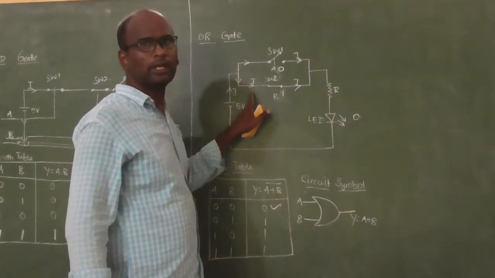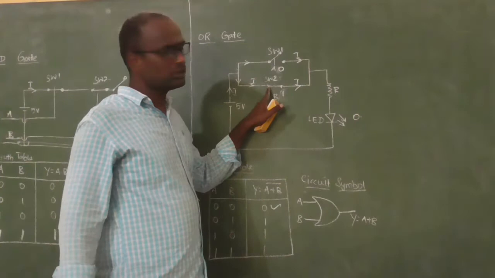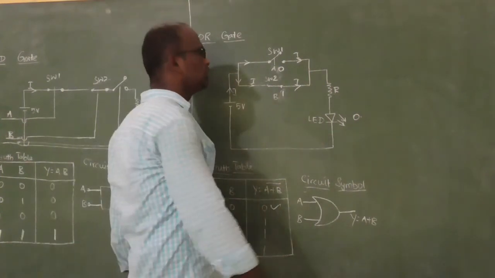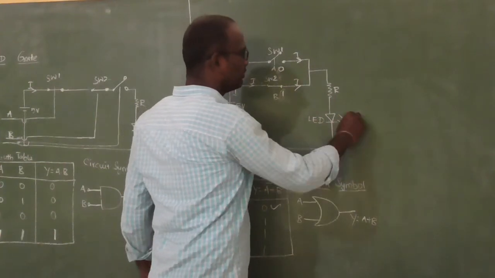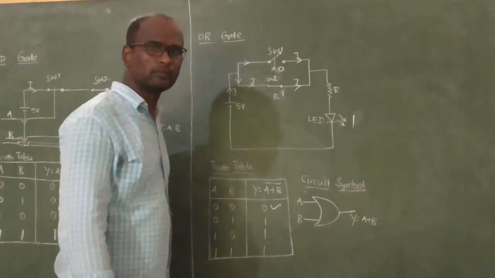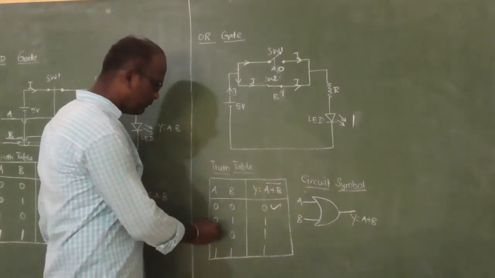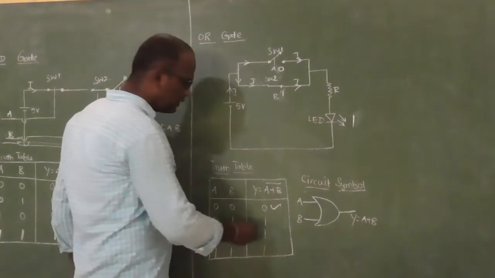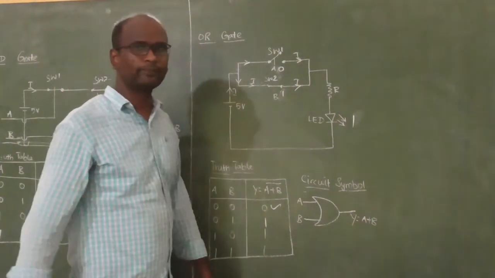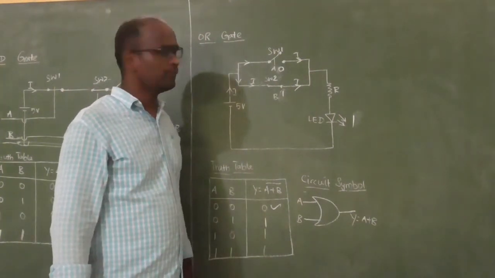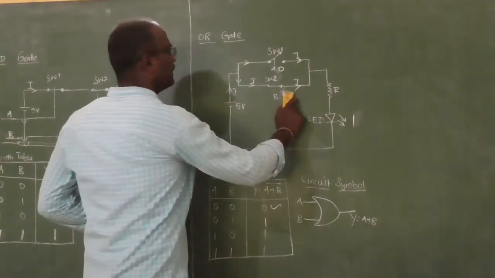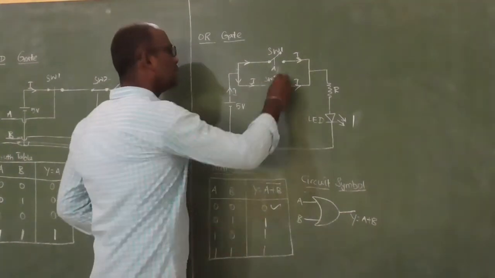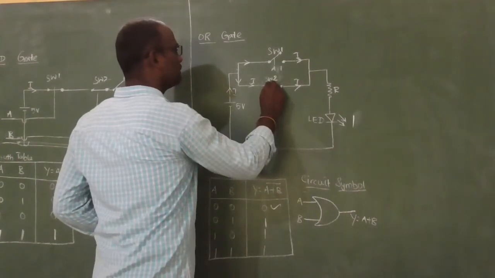Therefore, the main current enters into the switch 2 path to reach the output. Okay, after reaching the output it will become logic 1. So if we apply 0, 1 for A and B, we get the output as logic 1. Okay, similarly, if we apply the third combination of input, that is A is 1 and B is 0.